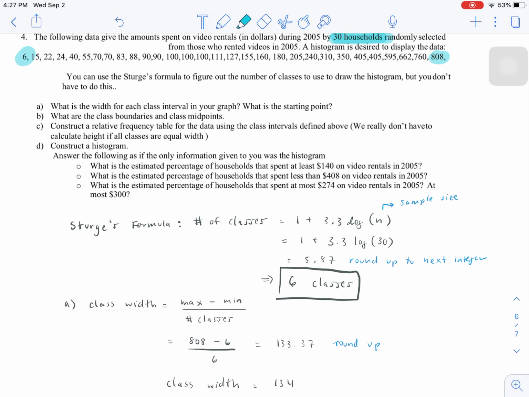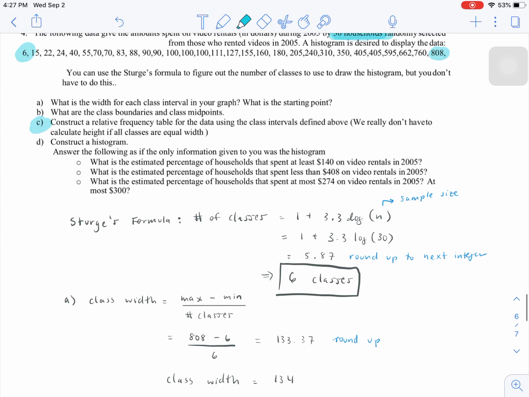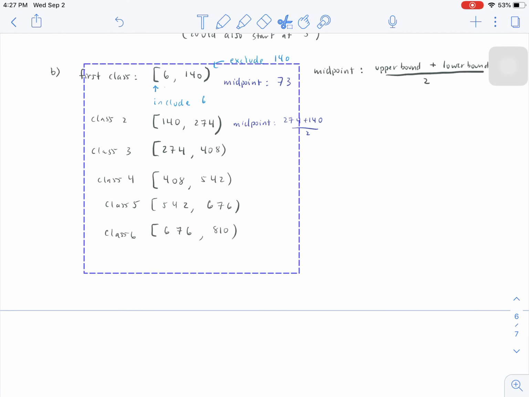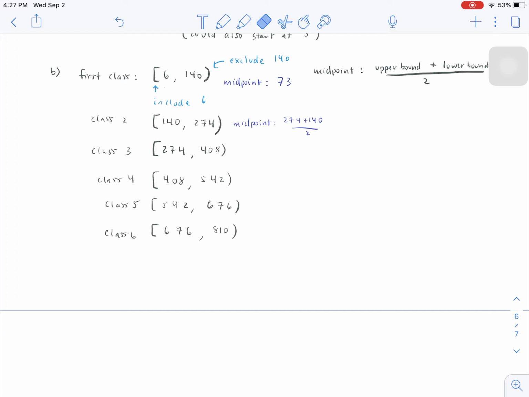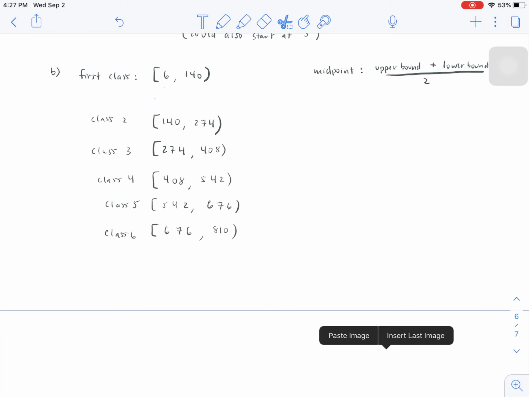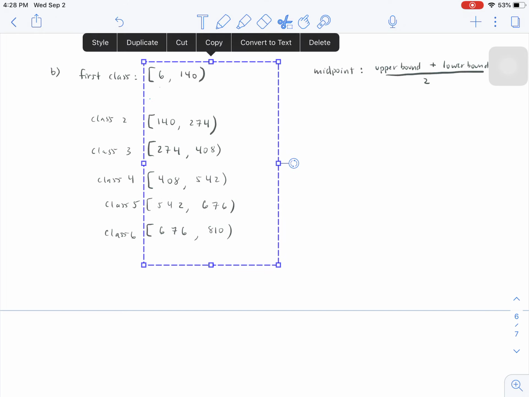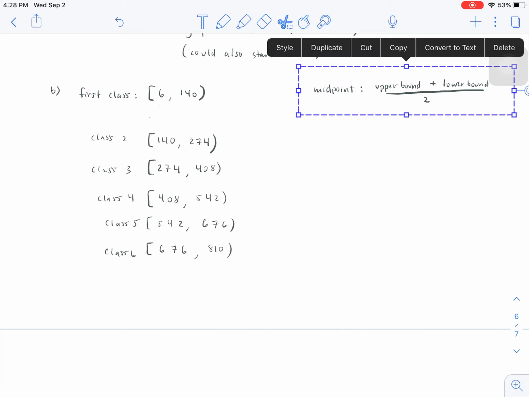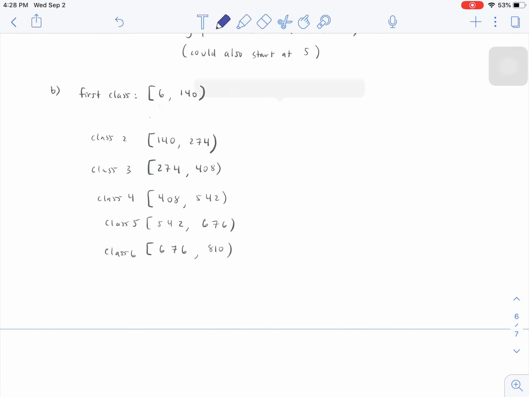Okay, so now we want to construct a relative frequency table using our classes. So I'm going to copy my classes again, and I'll use these to make our relative frequency table.